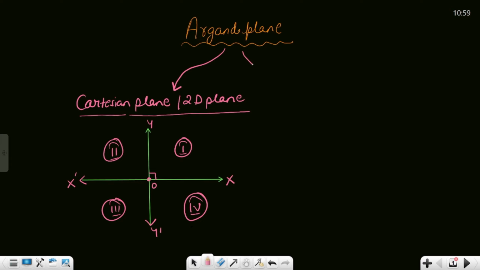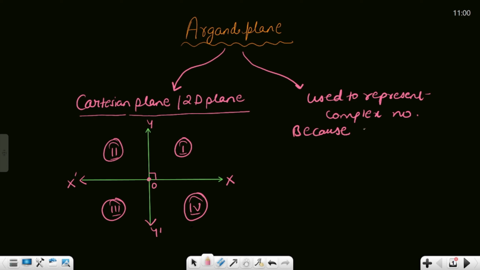Just taking reference to this 2D plane, we have the Argand plane. The Argand plane is used to represent complex numbers, because a complex number acts as a point a comma b.